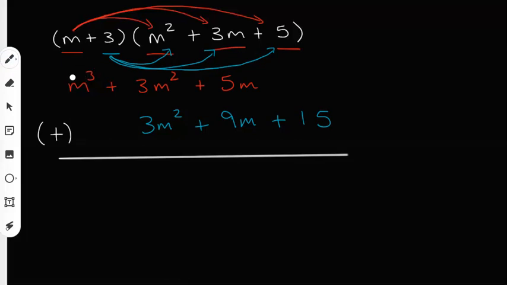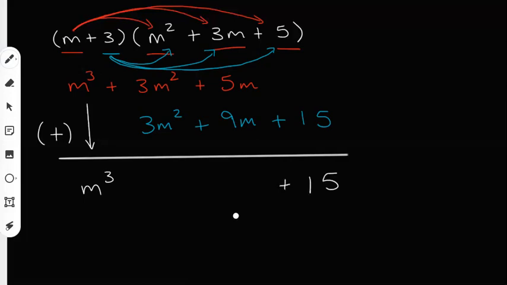This m cubed doesn't combine with any other m cubed, so I'm going to bring it down like this. This 15 over here, hanging off to the right side, doesn't have any number to combine with, so I bring down the 15, and this is a positive 15.